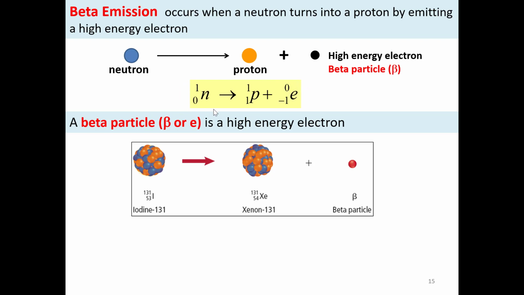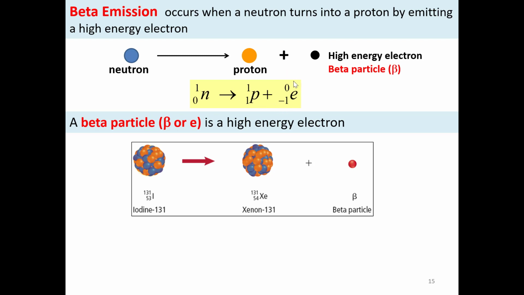How can we represent this using the nuclear symbols? This symbol corresponds to the neutron, and you can see in this case the atomic number is 0 because there are no protons, and the mass number is 1 because we have 1 neutron. In the case of the proton, the atomic number is 1 because we have 1 proton, and the mass number is 1.